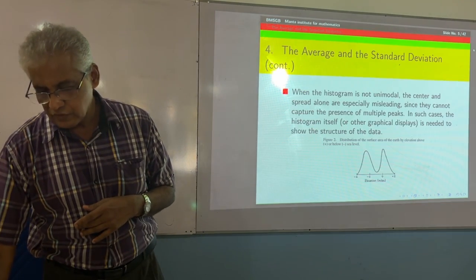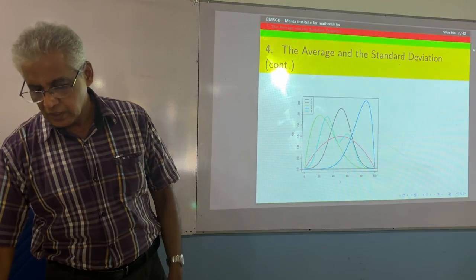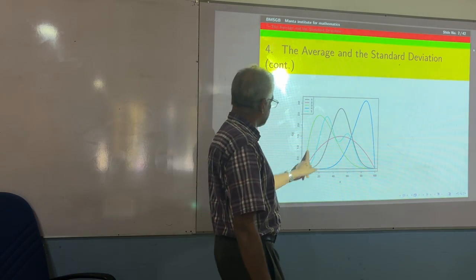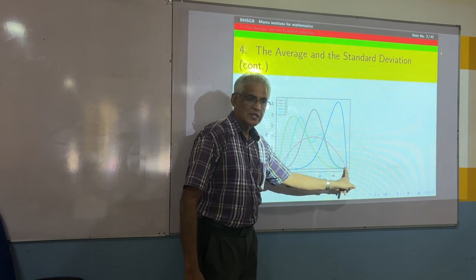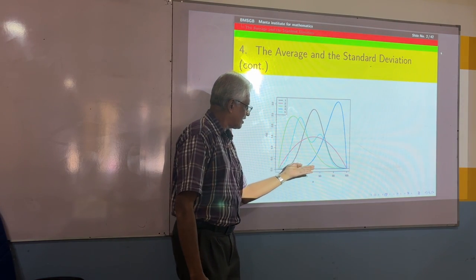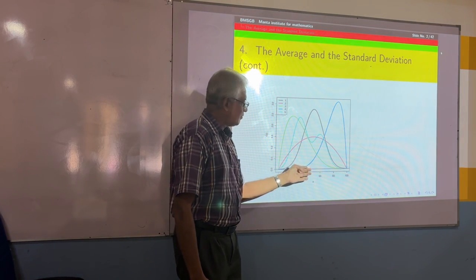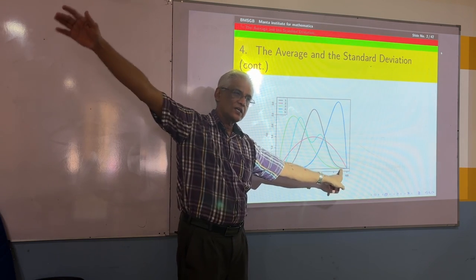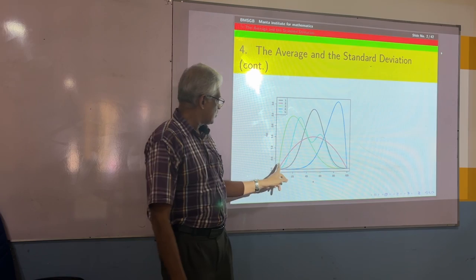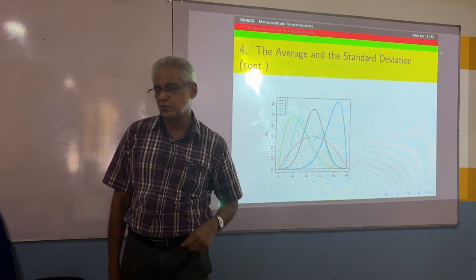With something like income, usually the distribution will be skewed to the right. Most of the people will have low or medium income, but there will be few families or people with very high incomes. So the distribution will actually be positively skewed in that case.